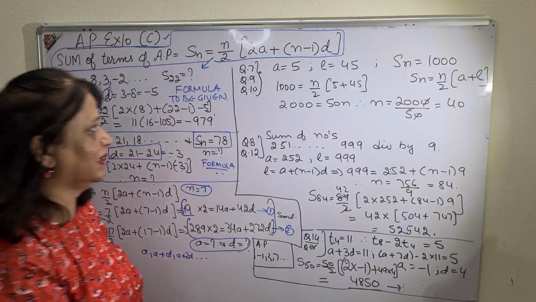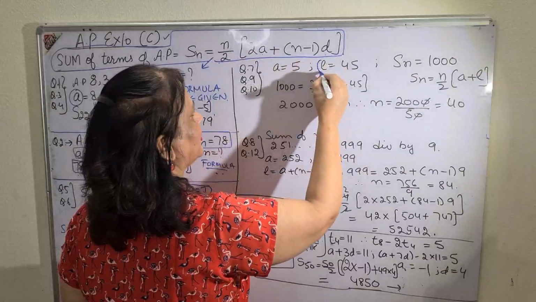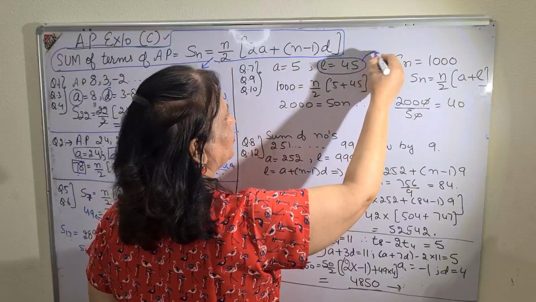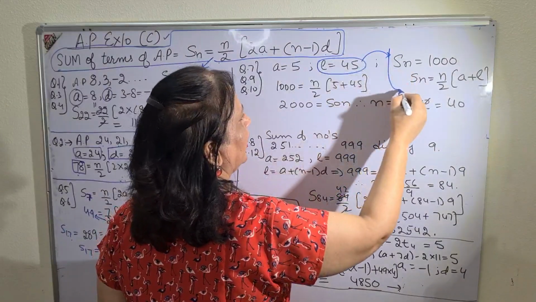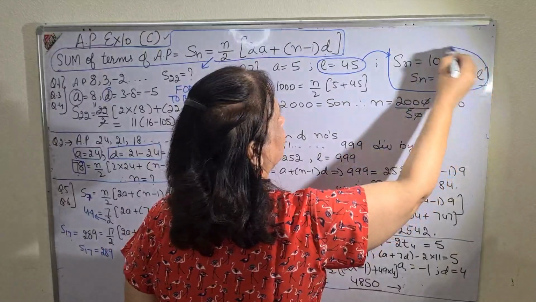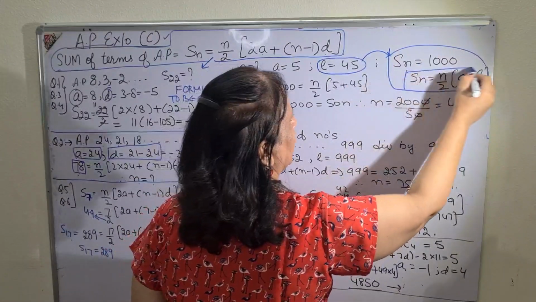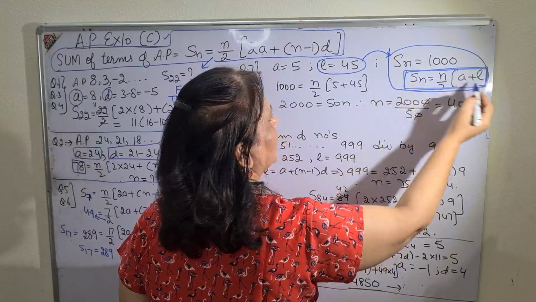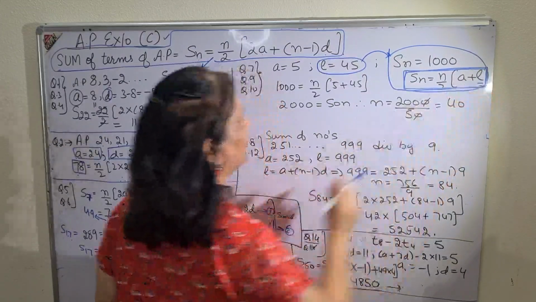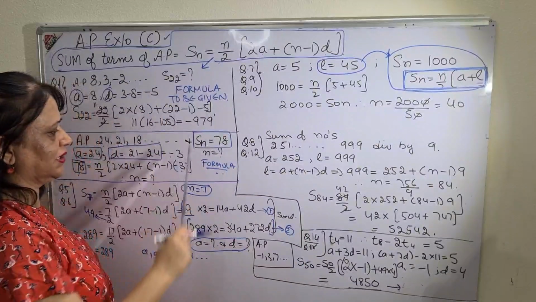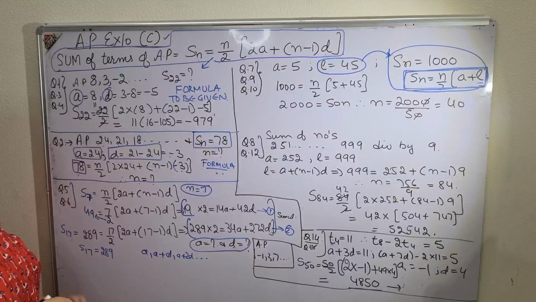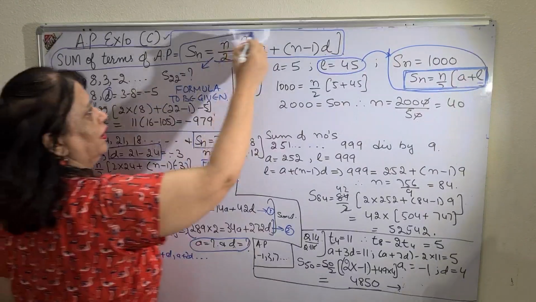Now remember children, whenever the last term is given, the formula used for the sum of the terms will be Sn is equal to n by 2 into bracket a plus L, the second formula. Whenever the last term is given. In the previous question the last term was not given, so I used the first formula, which I have written on the top of the board.